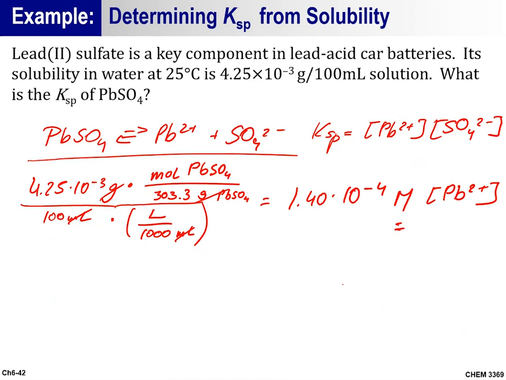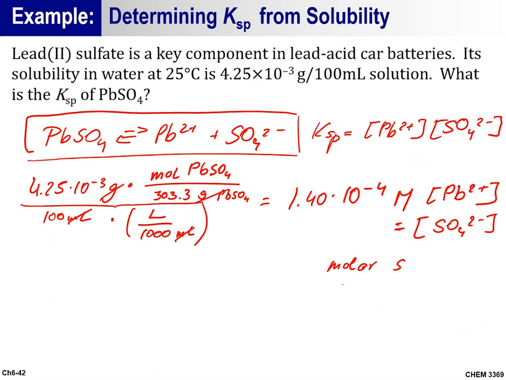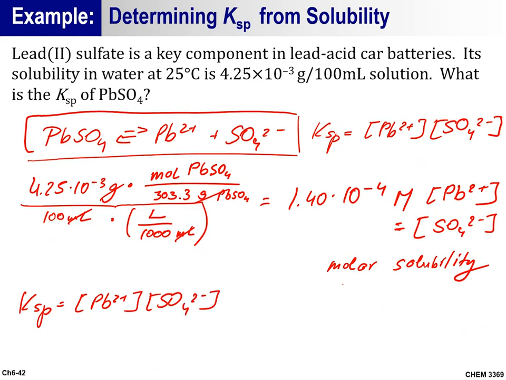And it's equal, based on the reaction, right? It's equal to the concentration of SO4 2 minus. Because it's molarity, it's called molar solubility. So now, once we have this, it's Pb2 plus times SO4 2 minus.